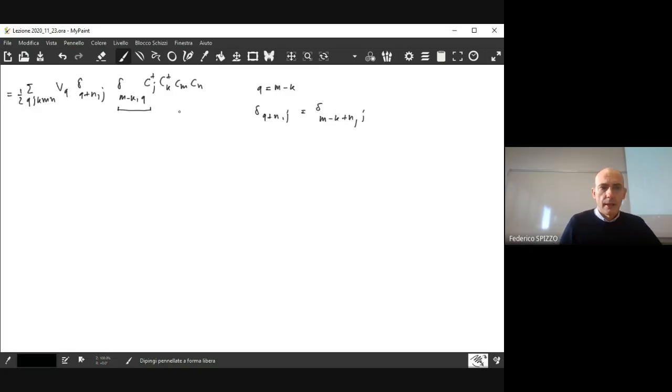So at this point, I remove the summation over q, I replace q with m minus k, and I have just one delta now, that is m minus k plus n j, and then the four operators.